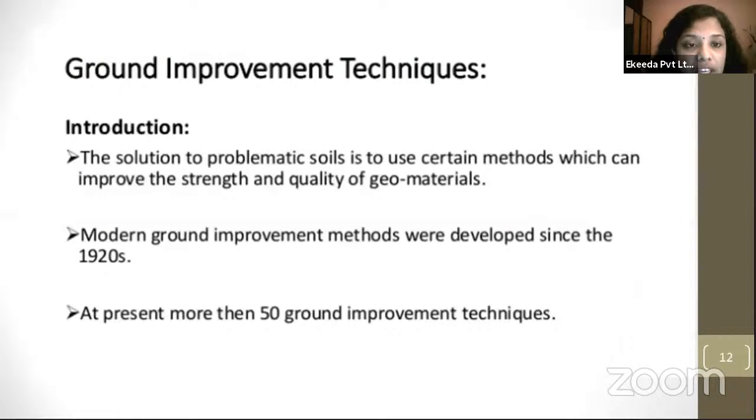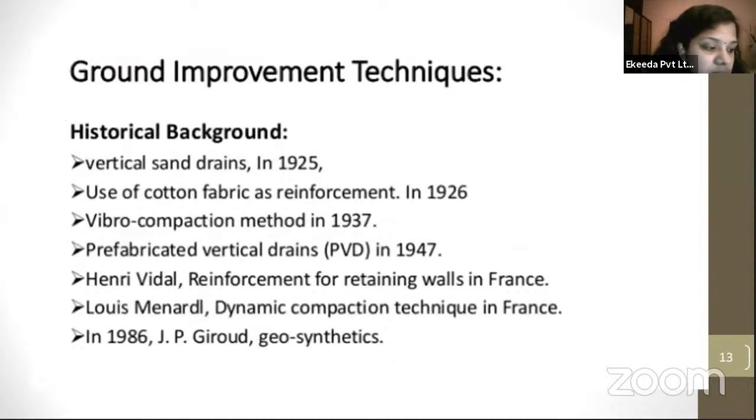The modification of the property is called a ground improvement technique, and it was developed in 1920. At present, more than 50 ground improvement techniques are in use. Historically, in 1925, vertical sand drains were introduced. That is, in pits we can fill cement or stones.